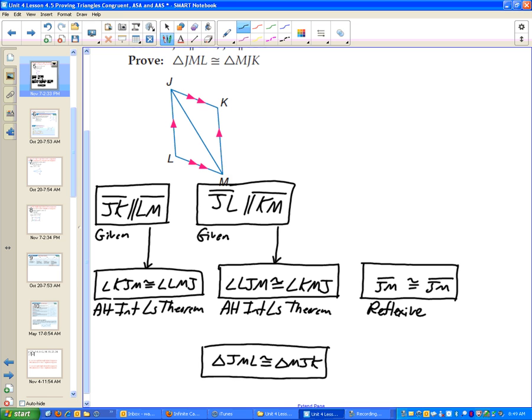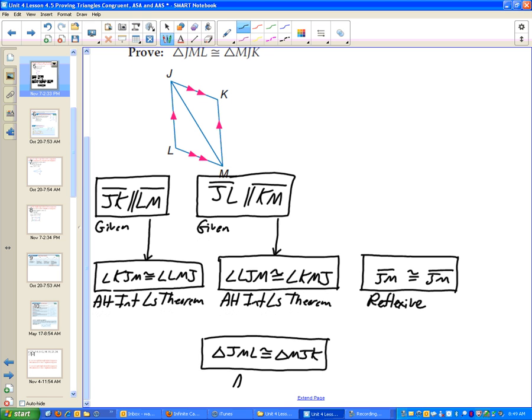And what's our reason? Angle side angle. And I need to draw arrows from those three pairs of congruent corresponding parts. So I draw an arrow from that one, and from that one, and from that one.